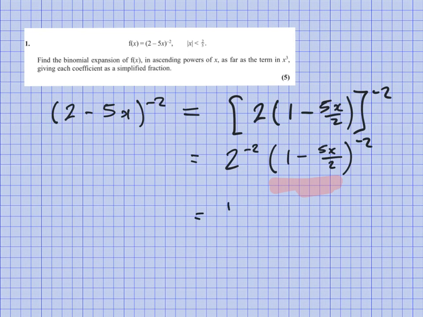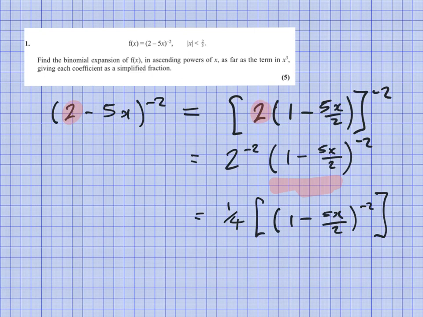So this is a quarter of, I like the square brackets, 1 minus 5x over 2 to the power of minus 2. So we've taken a factor of 2 out of both parts, and 2 obviously because that's the number we've got here. If we take 2 out of that part, if we divide the first term by 2, we have to divide all of it by 2.